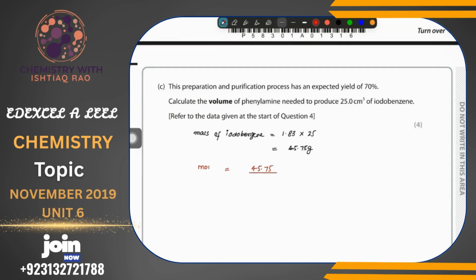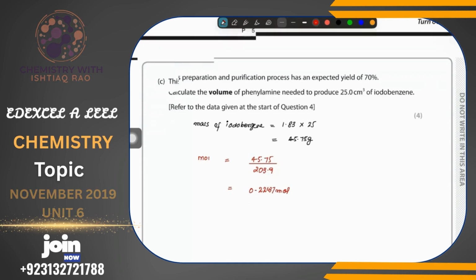They have given it to you, 203.9. So the answer is 0.22437. This is the mole.